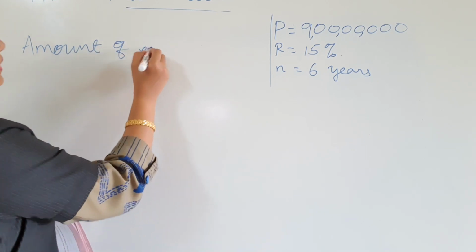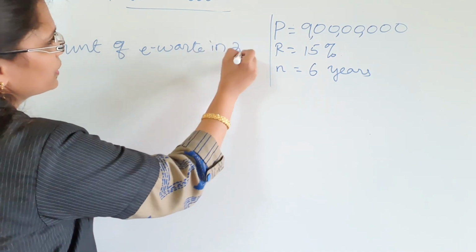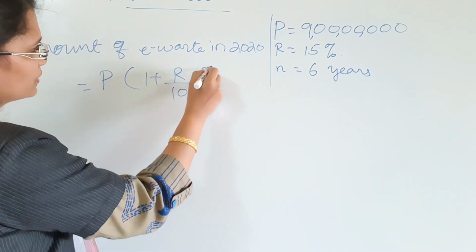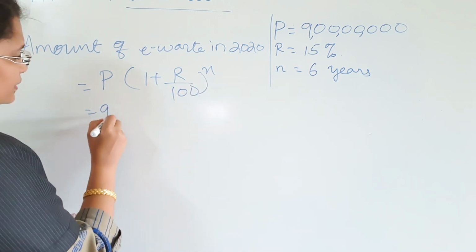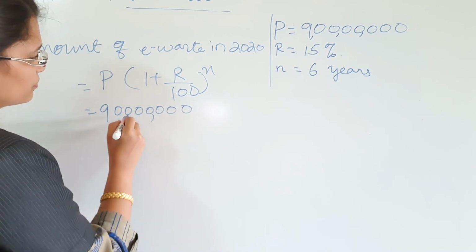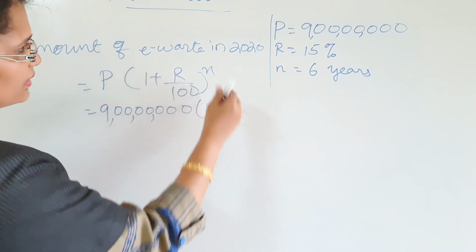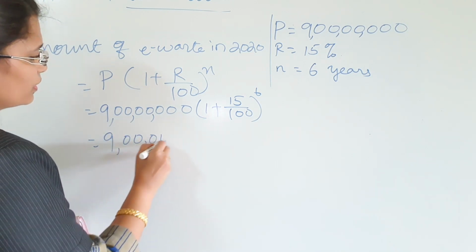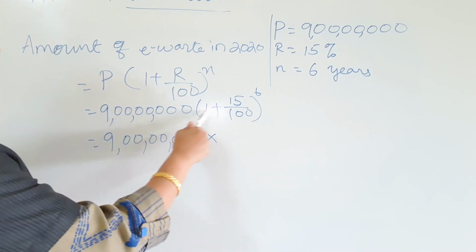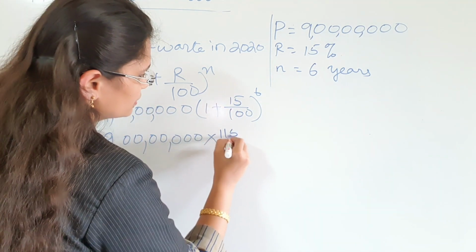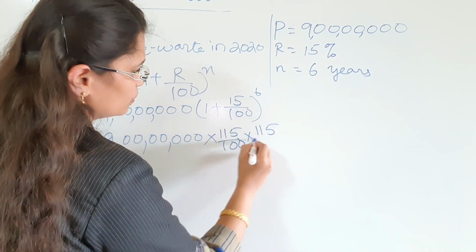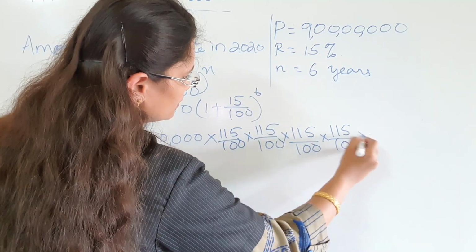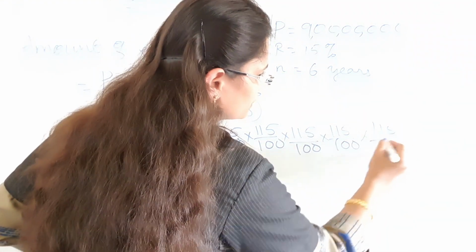Amount of e-waste in 2020 is equal to P into (1 plus R by 100) whole raised to N. What is P here? 9 crore, that is 9 with 7 zeros. 9 crore into (1 plus 15 by 100) to the power N, N is equal to 6, is equal to 9 crore into (100 plus 15) is 115 divided by 100, into 115 by 100, 115 by 100 into 115 by 100; 6 times you have to write.